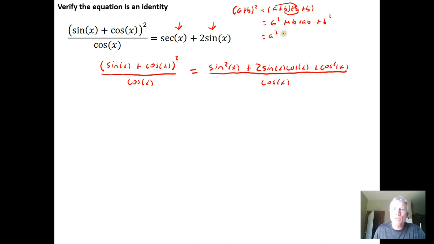So we get that a squared plus 2ab plus b squared pattern, and all I did was apply that pattern to the sum.